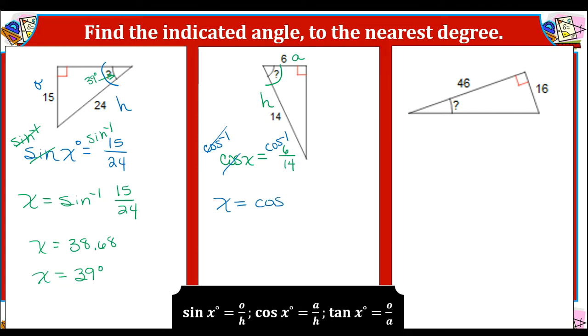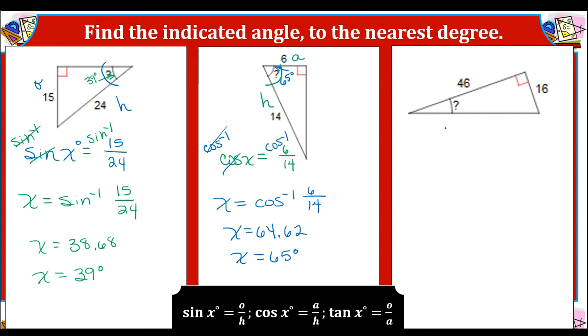We've isolated x. I don't know if you've noticed, but in all of these trig functions, the smaller number is always in the numerator. So we're going to do second cosine, my n over d feature, 6/14, and it gives me about 64.62. Rounding to the nearest degree, that gives me about 65 degrees. So that's this angle right there.